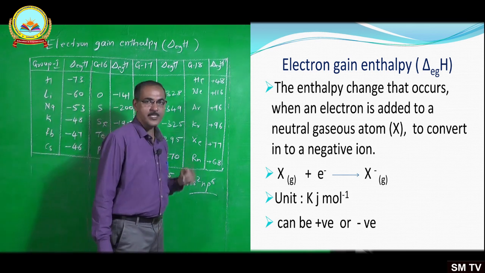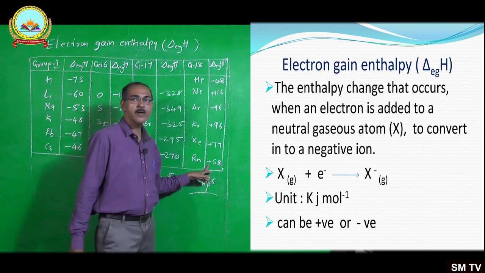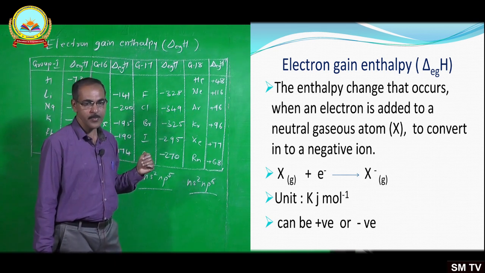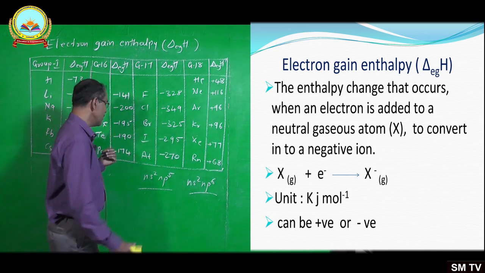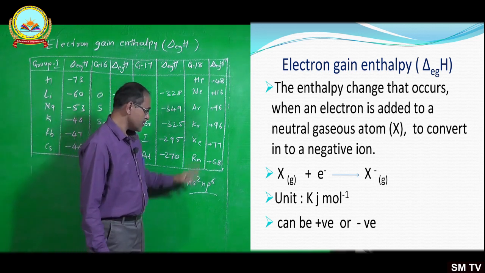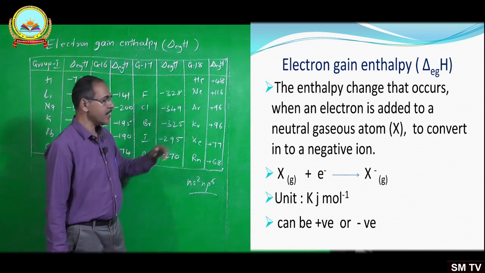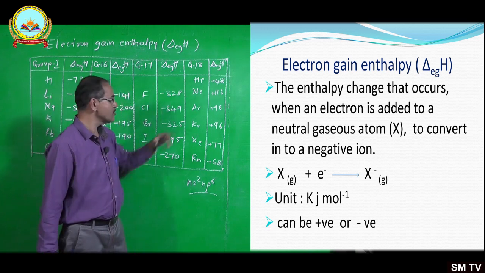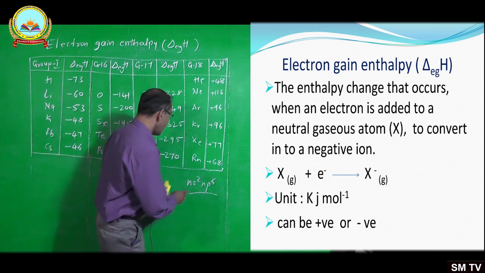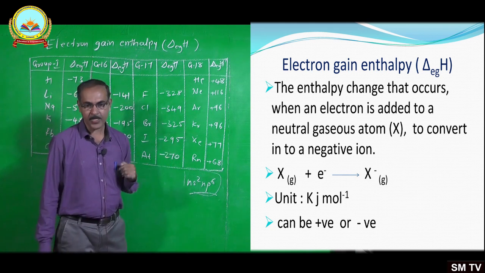Then group 18 elements. These have positive electron gain enthalpy. Why? Inert gases have ns²np⁶ configuration, except helium, which has only 1s² configuration. They already have a stable electronic configuration.